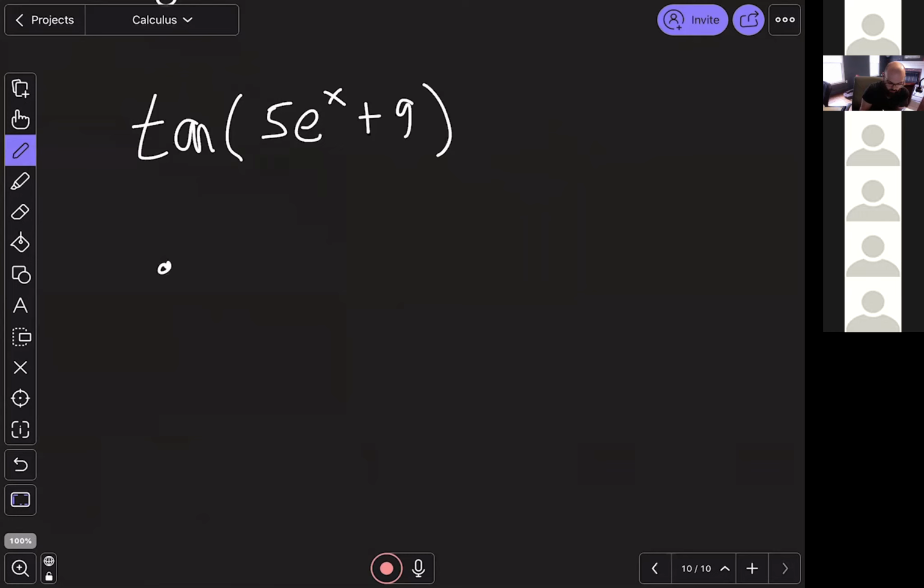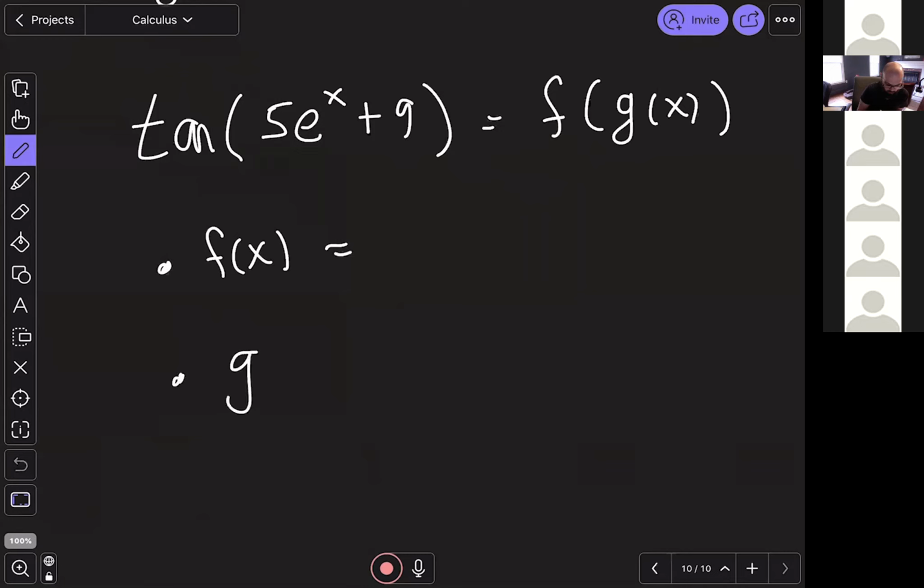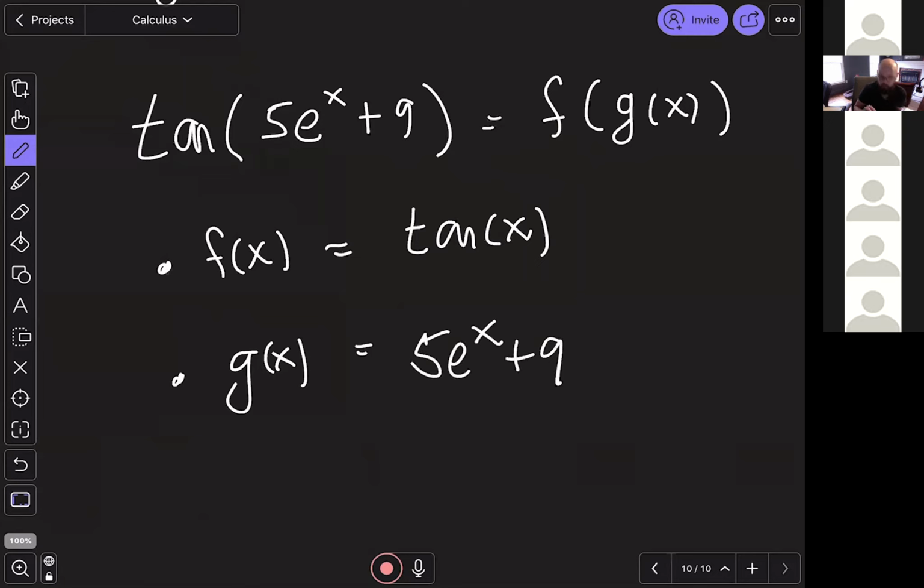So what I would want to do is write this as f of g of x for some f and for some g. I hope you're thinking about these as we go along. So in this case, our outside function would be tangent of x, and our inside function would be 5 e to the x plus 9.